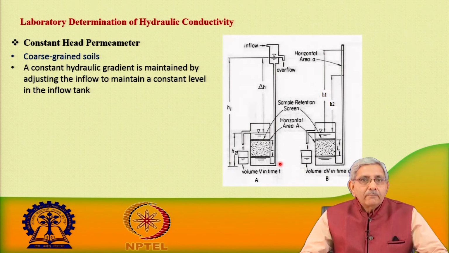When we want to find hydraulic conductivity in laboratory conditions, we use the constant head permeameter method, and we also use the variable head permeameter. This diagram shows a constant head permeameter, and on the right hand side, diagram B refers to the variable head permeameter.